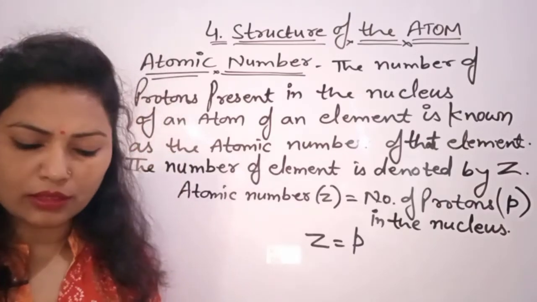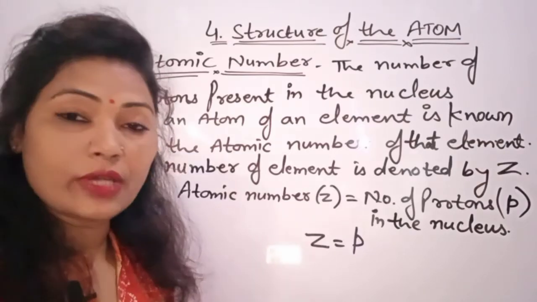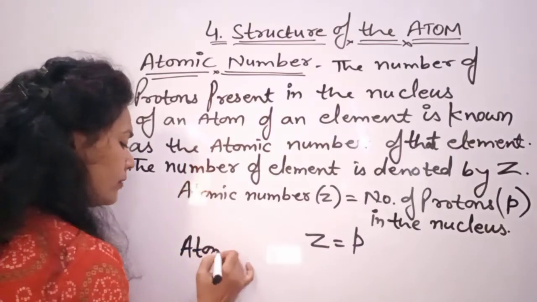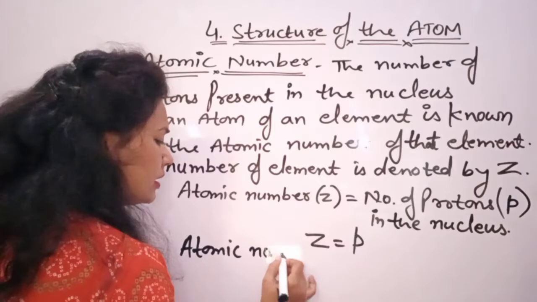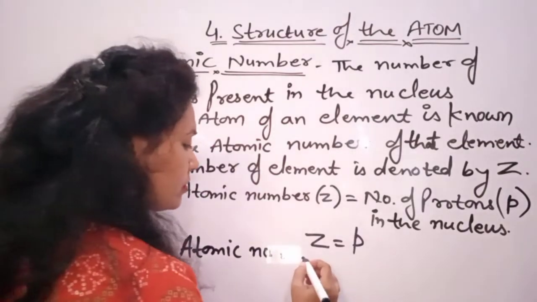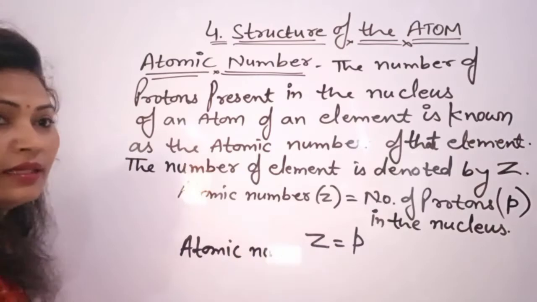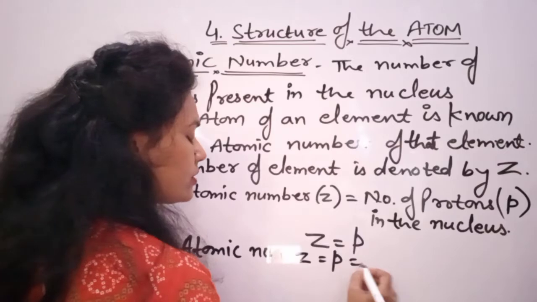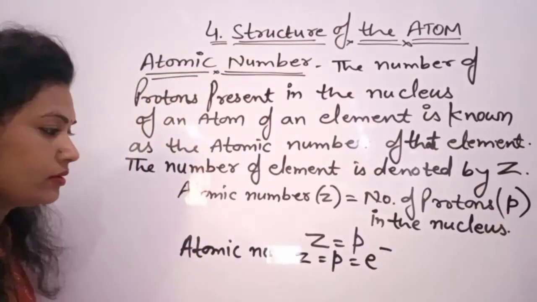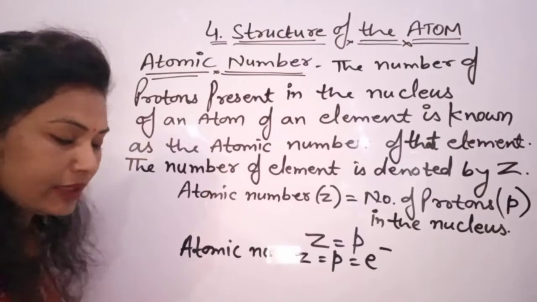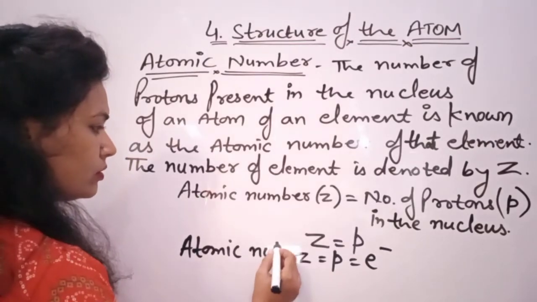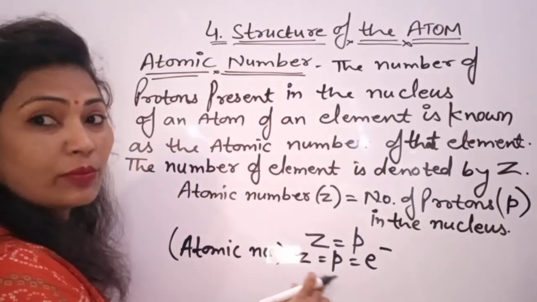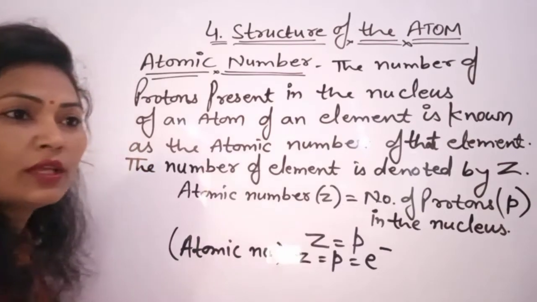So how can we write the atomic number? We can write this formula: atomic number is Z, so Z equals P equals E. Z is atomic number, P is number of protons, E is number of electrons.